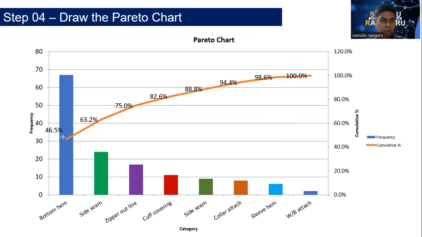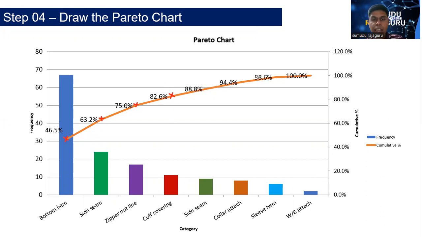After we mark all these points, for example, just now I marked only the points, by considering this axis and this axis, I am marking like this. Okay.